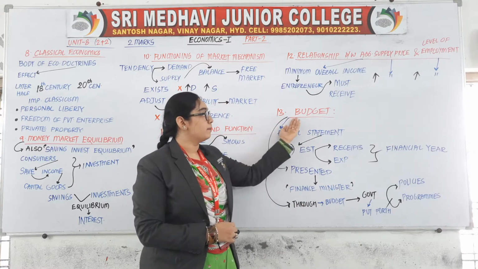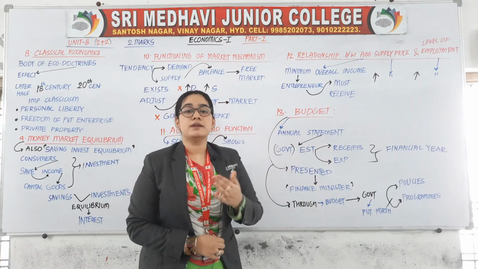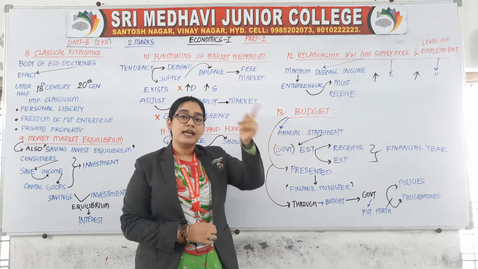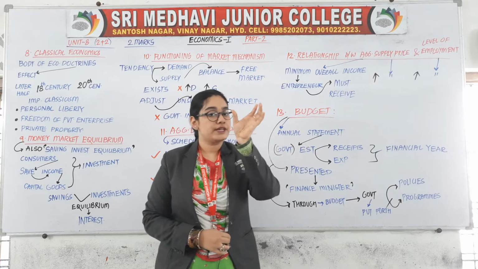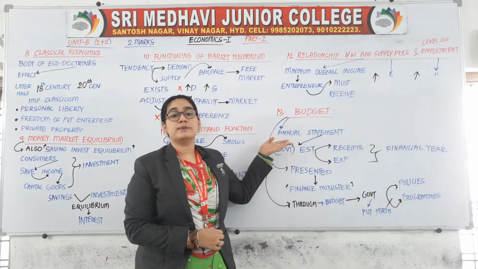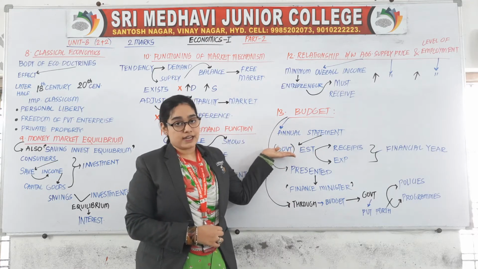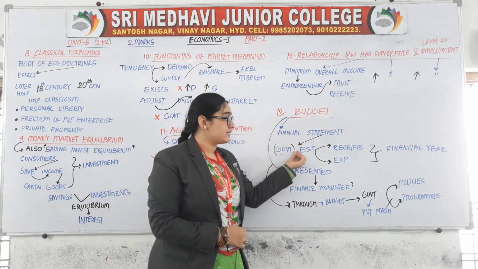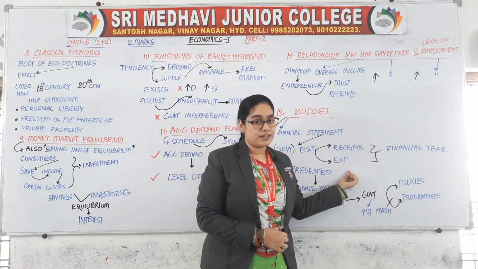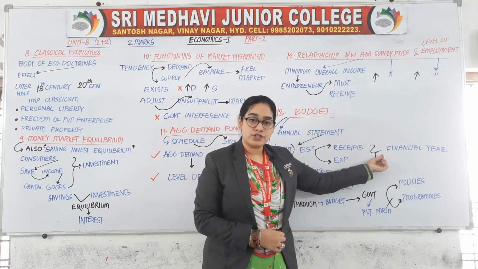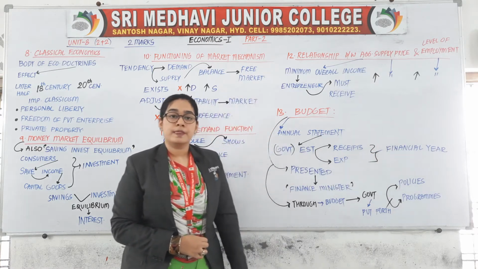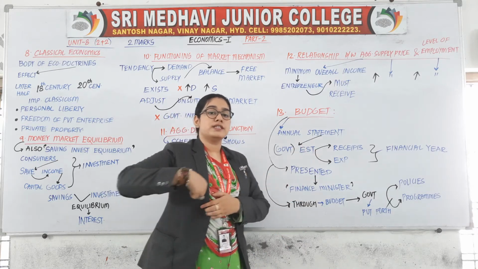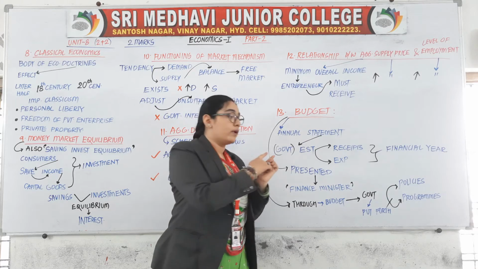The last one, budget. What do you mean by a budget? It is an annual statement. Annual means every year you are going to present the budget. It is an annual statement in which the government's estimated receipts and expenditure are mentioned during a financial year. Receipts means incomes, and expenditure means the money going out.